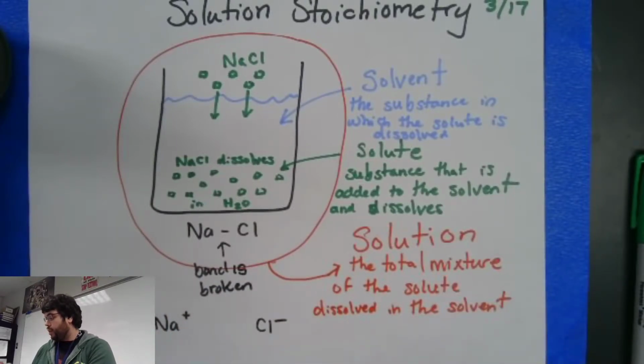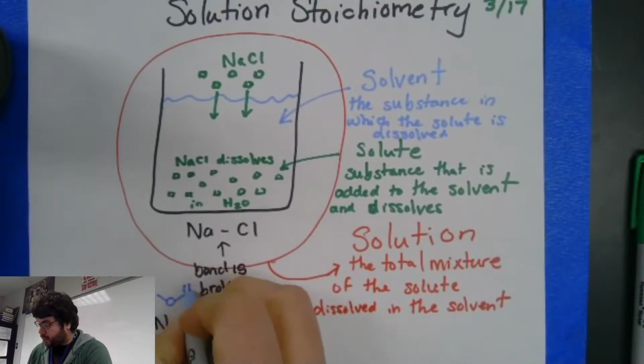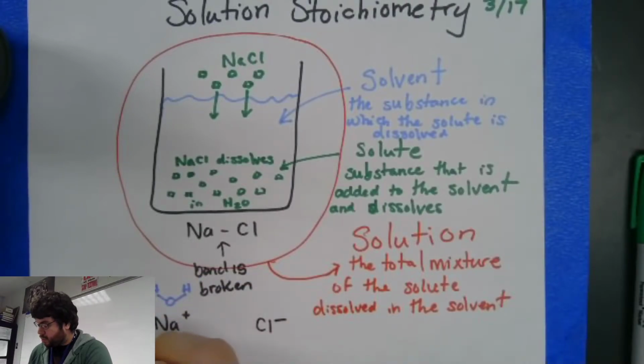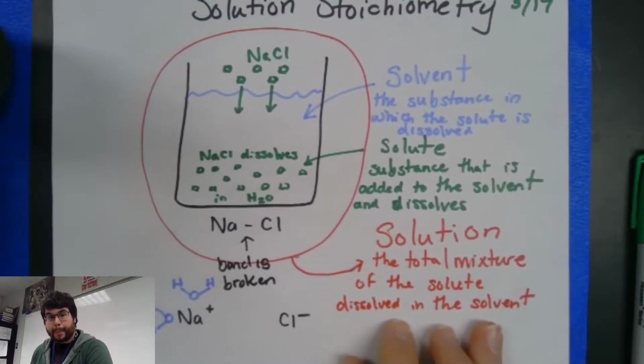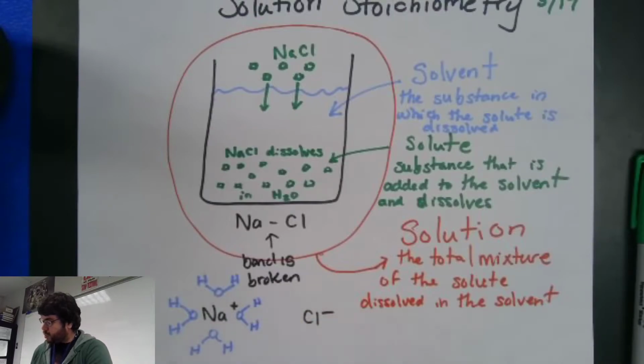And if we were to draw a picture of what that looks like at the atomic level, let's use blue for water here. So water looks like this. Let's move that over a little bit. So this is something for the future.